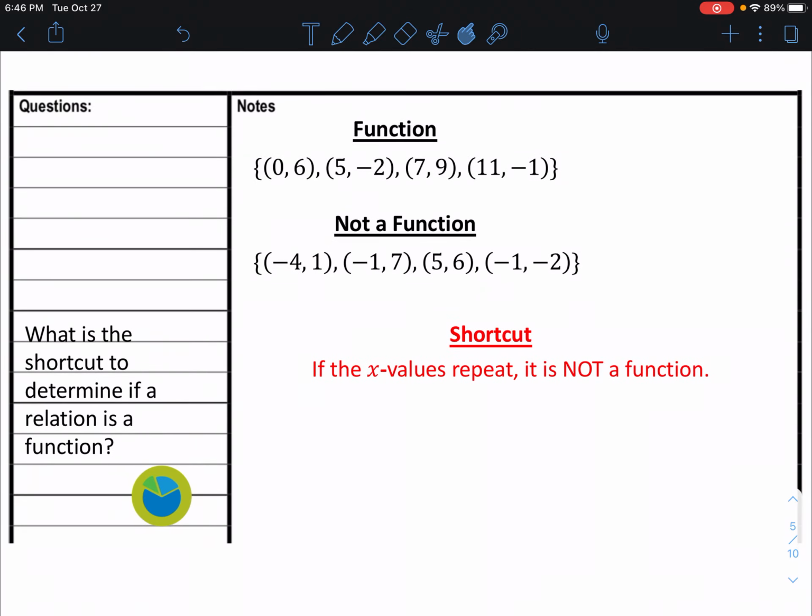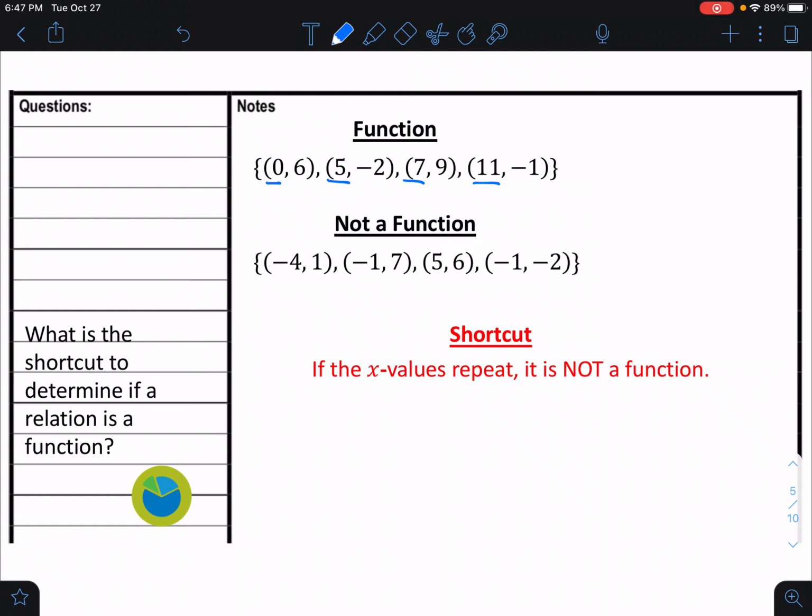Okay, so how do we tell? So we can look here. This first one is a function. I've got x, 0, 5, 7, and 11. And notice that there are no repeats there, so that's kind of easy to tell. They each have their own y value, 6, -2, 9, and -1.